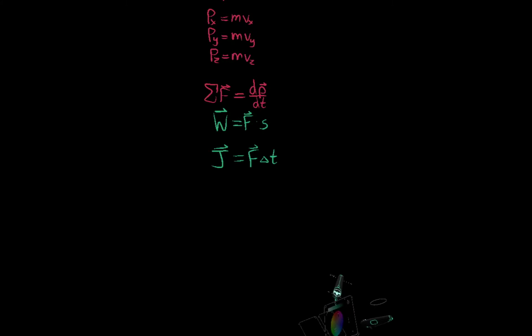The units for impulse are newton seconds, because the units for force are newtons and t is in seconds. But alternatively, you can use the same units as momentum, kilograms meters per second, because the units of force are kilograms meters per second squared. And so if you multiply by another seconds, then you cancel out one of the seconds. So the units are the same.